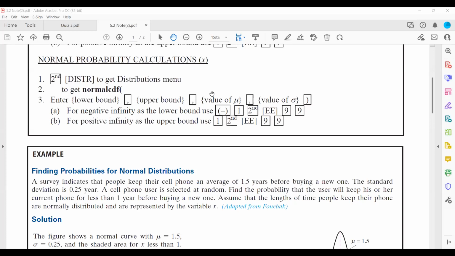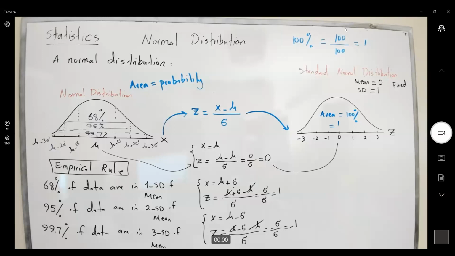So how do we find the probability? Let's look at our calculator here. As I mentioned before, it doesn't matter if you use your x or your z, but it matters for the sake of confidentiality of your data.